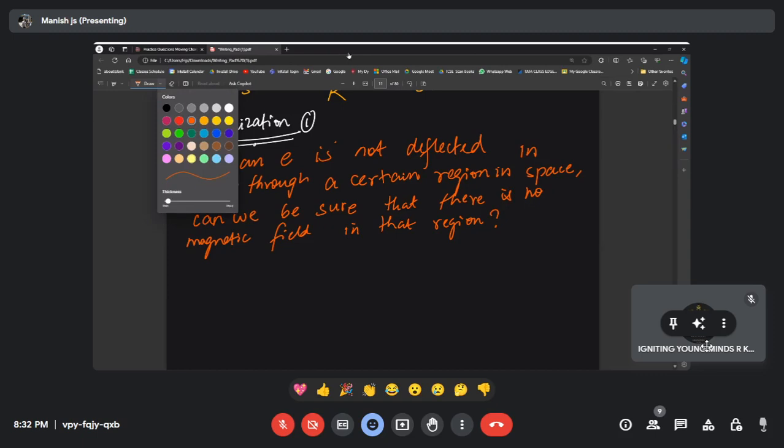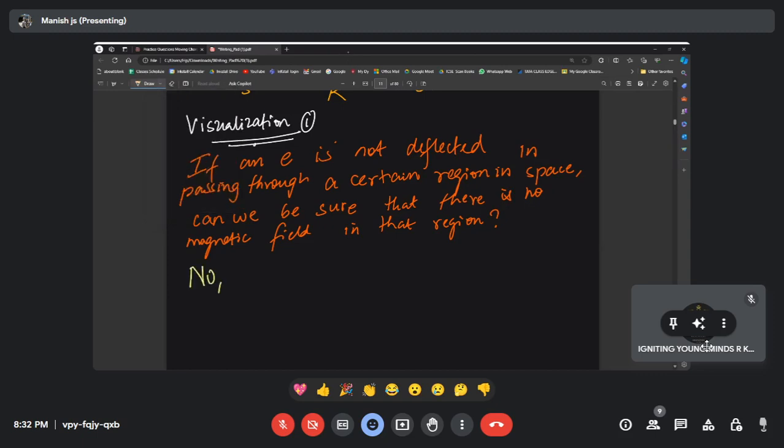The answer here is actually no, you can't. Why? The electron would not be deflected if the velocity, that is how it is moving, and the magnetic field are in the same direction.